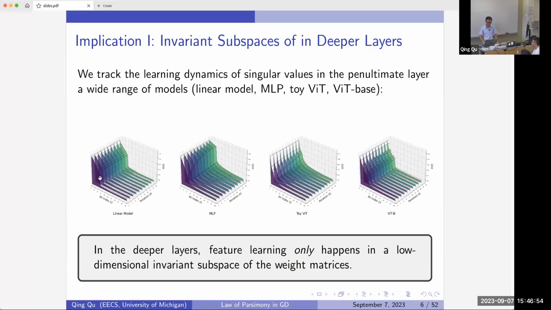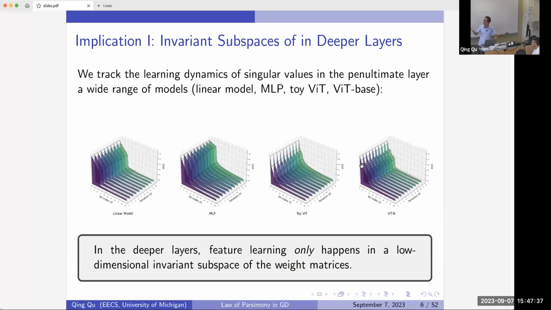You can see that there is a very obvious low rank structure in the weight matrices in the last layer. This one is for the linear network, and this is for the MLP, right? And you can see that this learning is happening near invariant low dimensional subspaces for the weights. That's why there is a lot of work arguing that neural networks are learning low rank embeddings, and because the weights are low rank, it is promoting this kind of low rank structure in the representations.